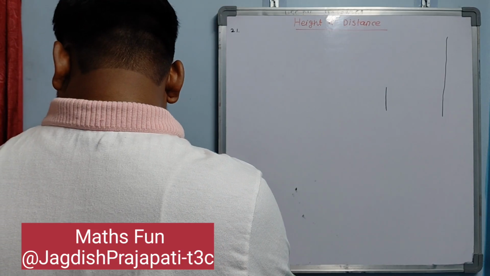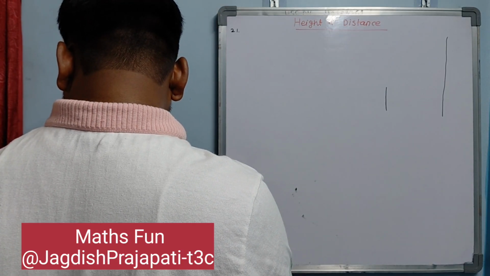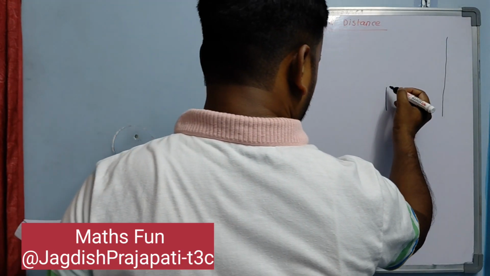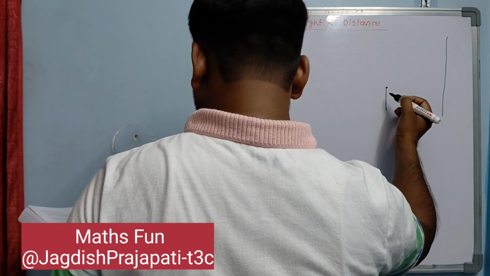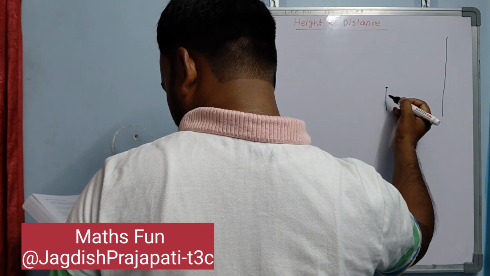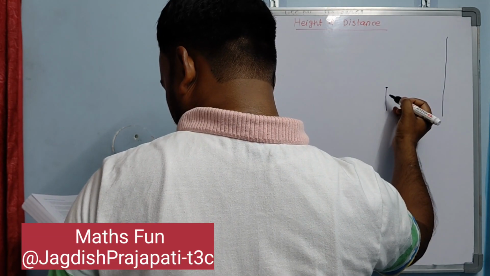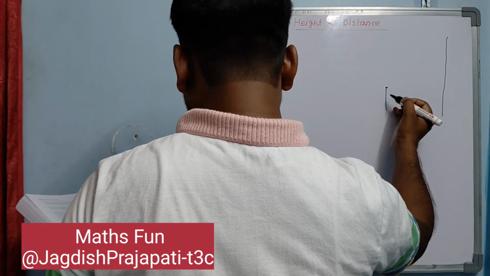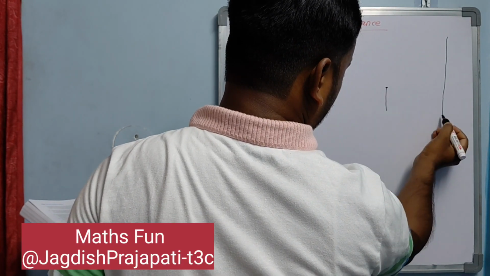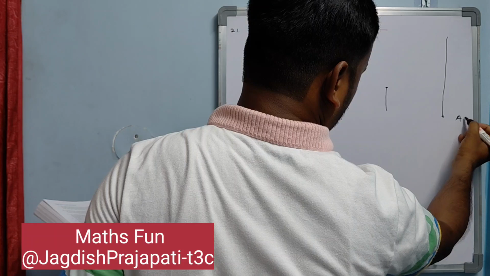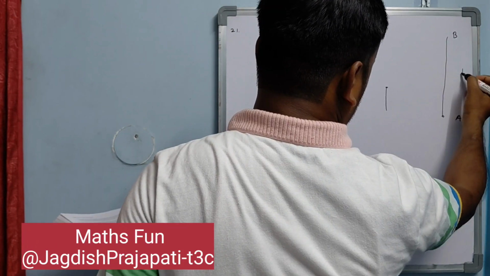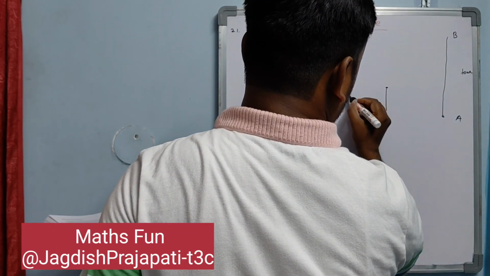So the angle of elevation of the top of the building from the foot of the tower is 30 degree. So this is the foot of the tower, say this is the tower and this is the building.